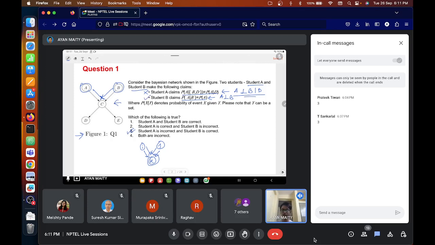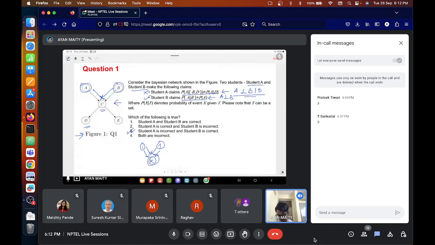This is based on the third rule of the d-separation rules for conditional independence, because there are two parents A and B for the same child C. So you have to apply the third rule of d-separation: if C or any descendant of C is not given, then this path is blocked, but if C and or D is given, then this path is not blocked.